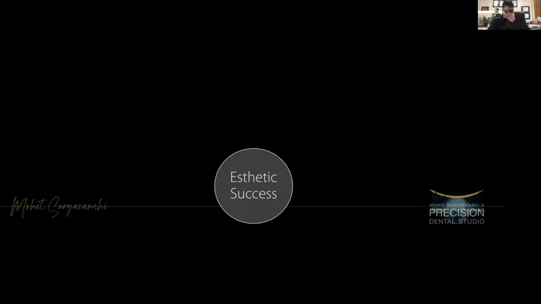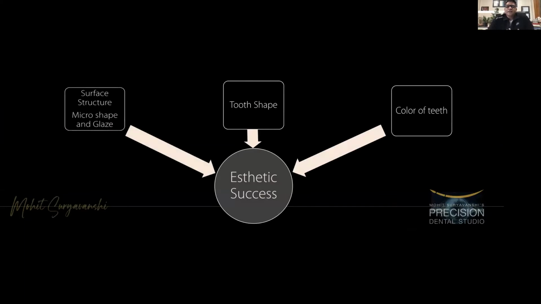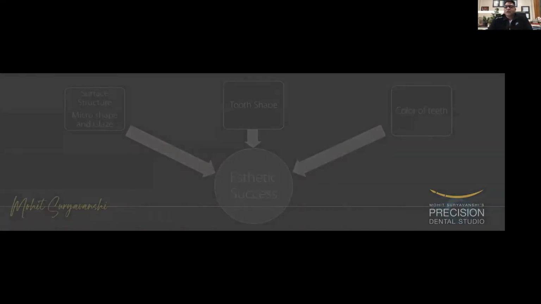So the entire goal for us is to achieve aesthetic success. And for that, what is important is to learn and understand the tooth shape, the color of the tooth, the surface structure or the micro shape, and the glaze to make the tooth look as natural as possible.